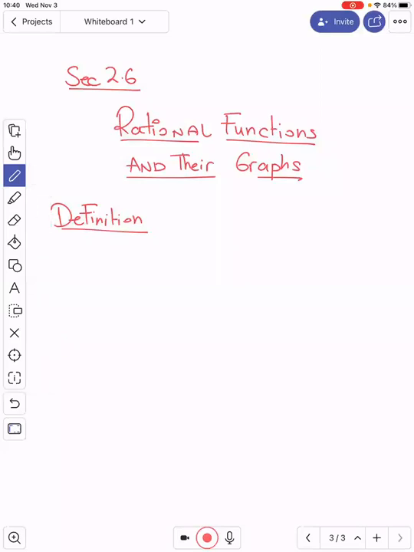So rational functions are a quotient of polynomials.